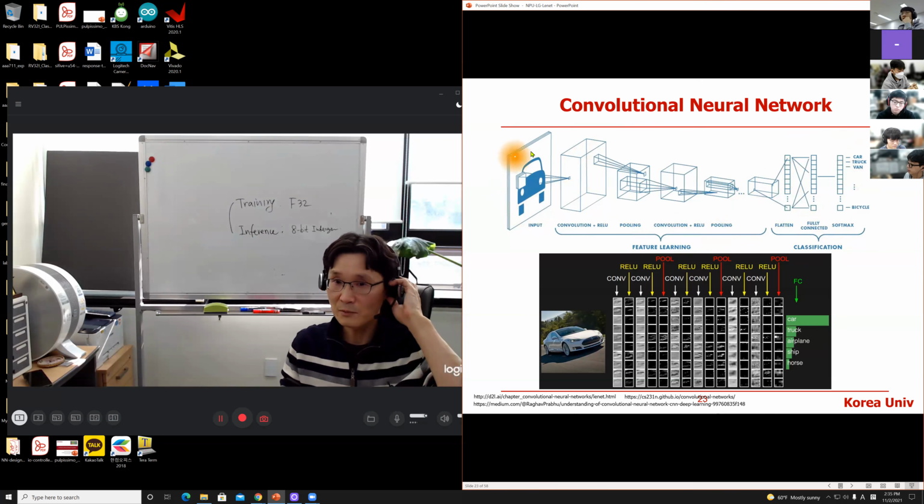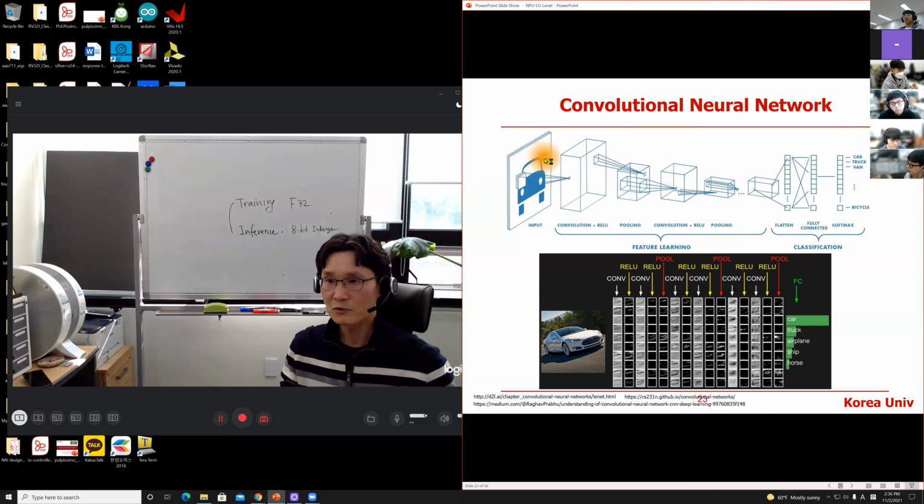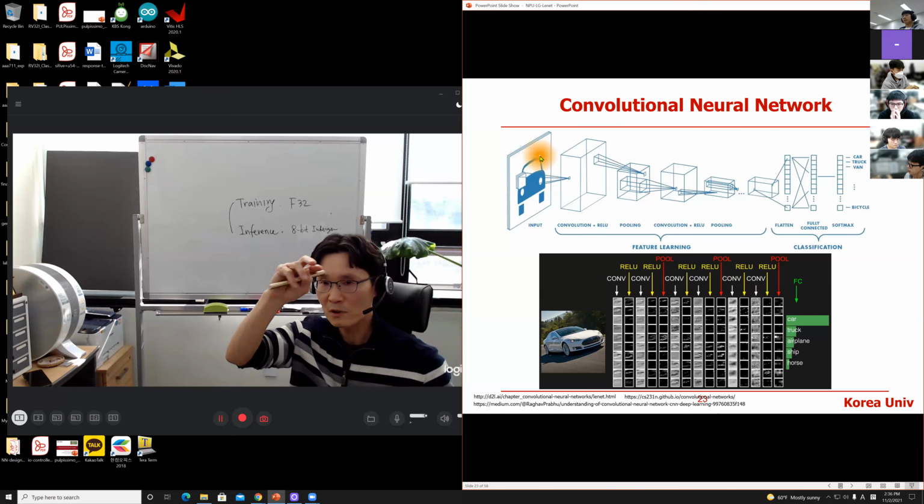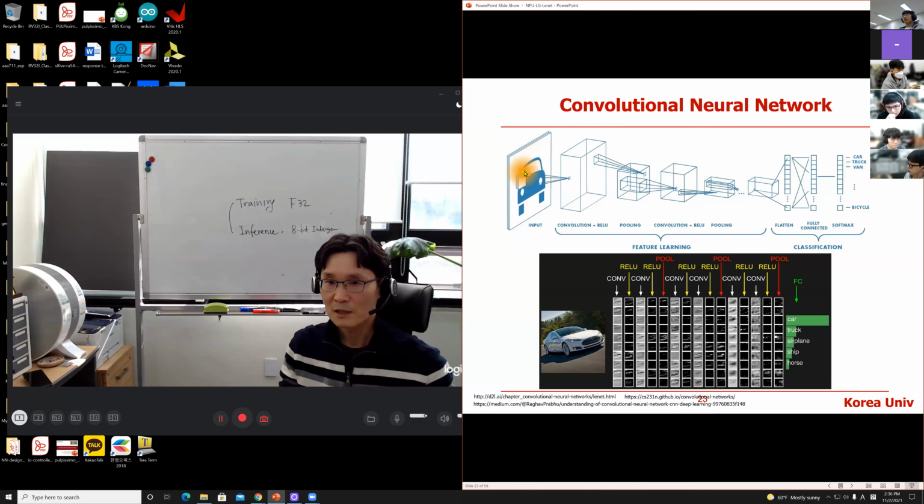What do you mean by feature extraction? Based on this input image, you want to find, okay, in the left top corner you have some curve, and in the right top corner you have also a curve. And here you have a circle, that is a feature.